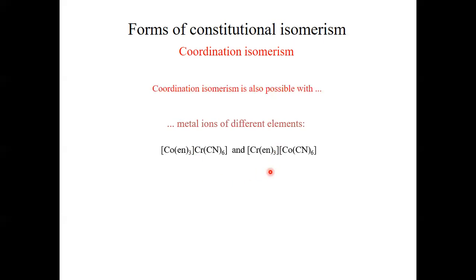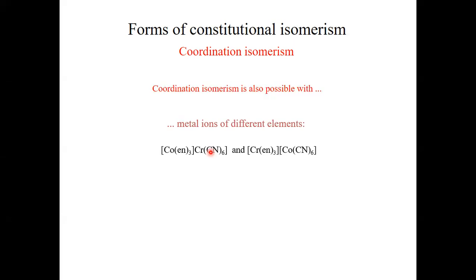So here we have 2 isomers that are coordination isomers. In this case, we have 3 ethylenediamine units bound to a cobalt, and that cobalt makes the complex cation. And there's actually a bracket missing here. And we have 6 cyano ligands bound to this chromium here, making the complex anion.